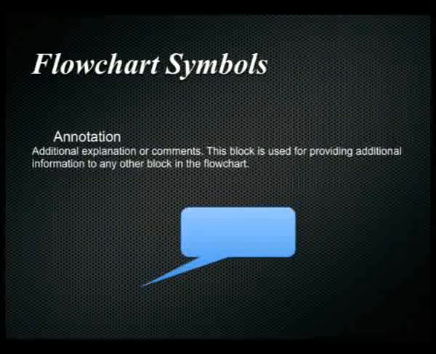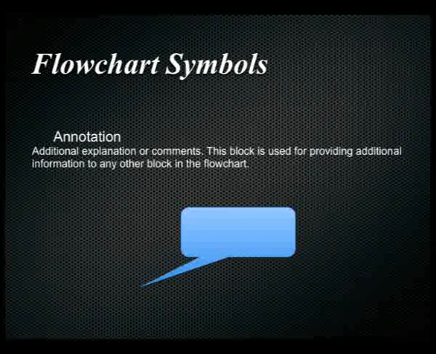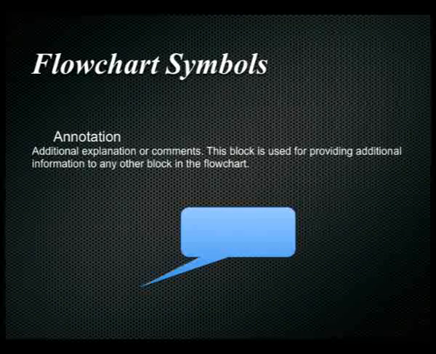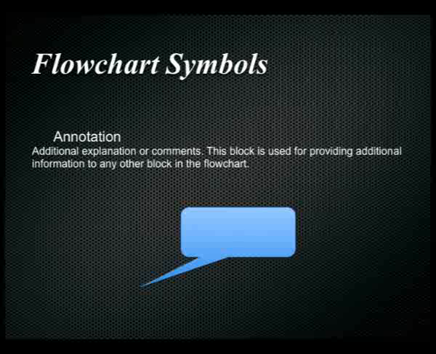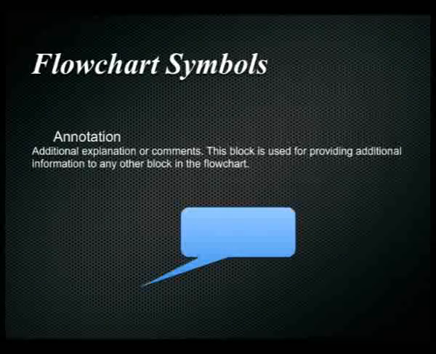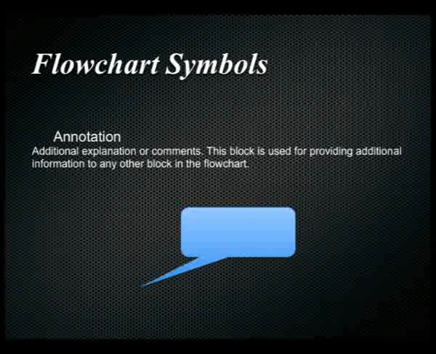So when it comes to, say, doing an input-output block or a process block, you may want to describe some additional information that you couldn't squeeze into that block, or some information that isn't 100% important to understand what that particular block's doing, but it may be additional assumptions or additional information that you might require when it actually comes to coding that block.